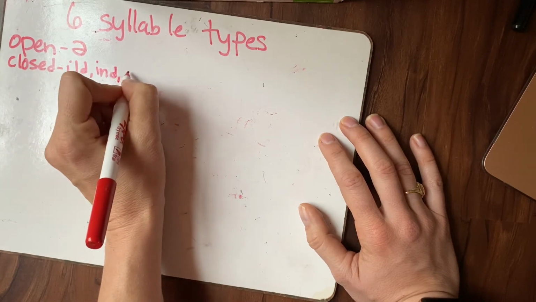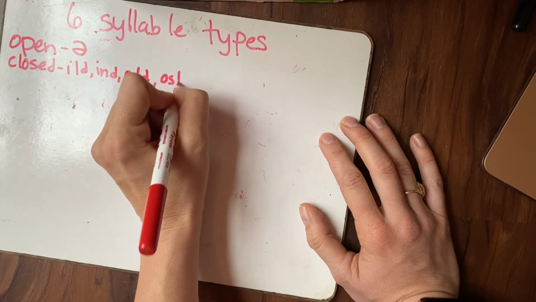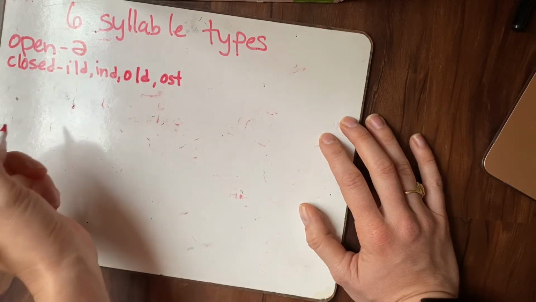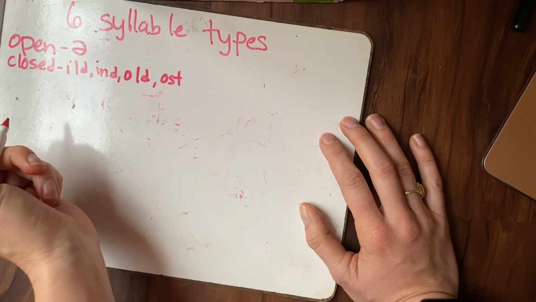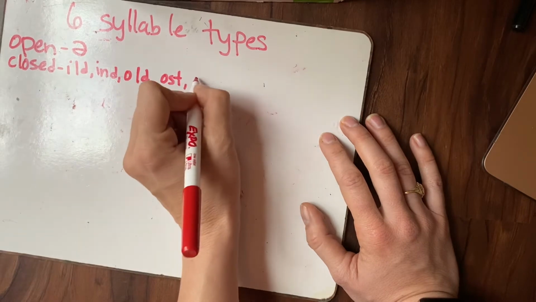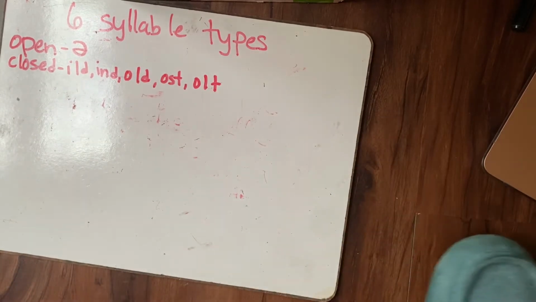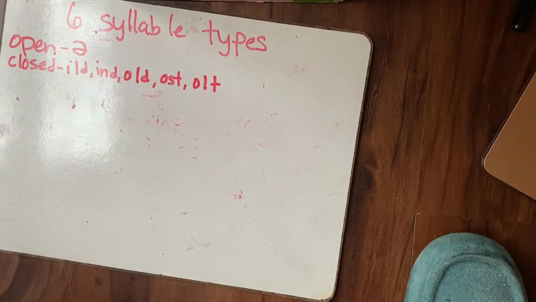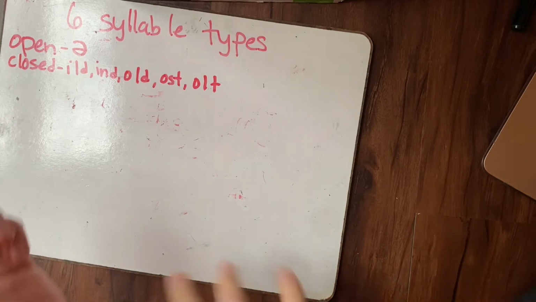I might see it as in old, as in cold, or ost, as in post. If I can start memorizing those, it's going to make my life a lot easier. I also might have olt, as in molt. So again, I tell the kids, if it doesn't quite sound right, and I know that's a closed syllable, give it a long vowel and see if that makes sense to you. Again, it's just teaching them that flexibility.